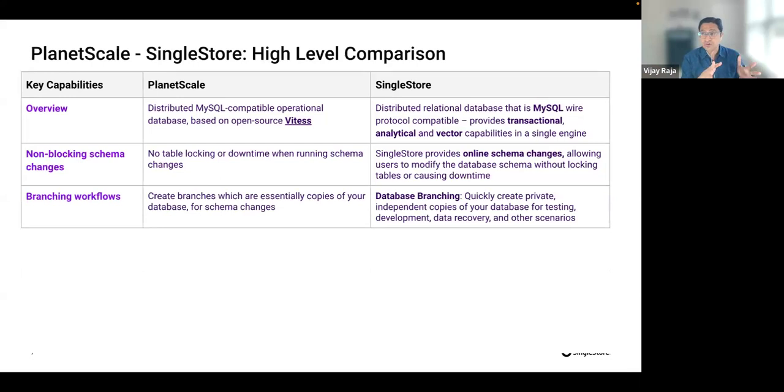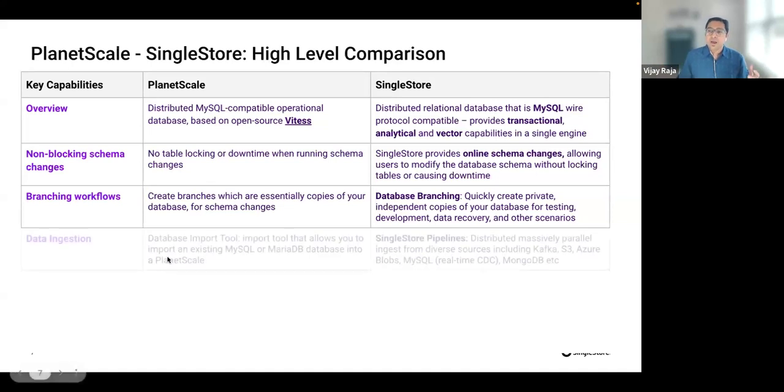SingleStore also launched a database branching functionality a quarter ago, which really helps users quickly create private independent copies of the database for the purposes of testing, development, data recovery, or any other scenarios. So we call this database branching, and that's now available. Customers are already starting to use this. This is one of the features that was requested, and it's already out there. So again, from a branching workflow perspective, SingleStore already provides that.